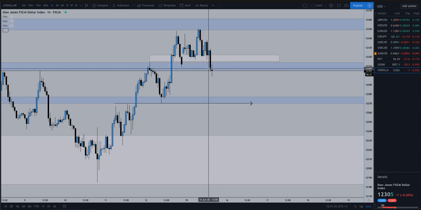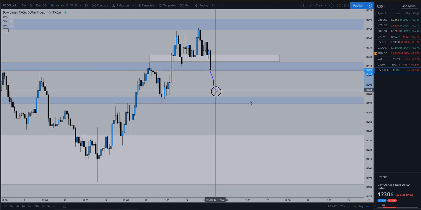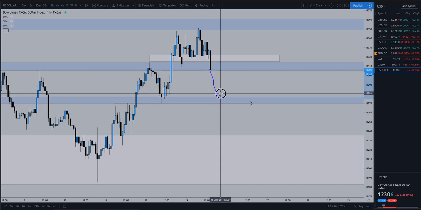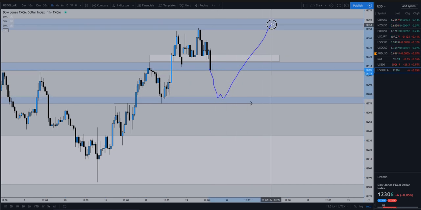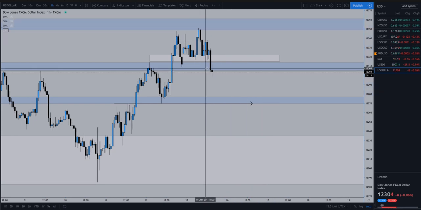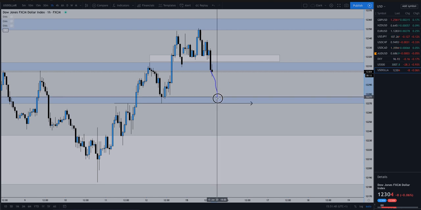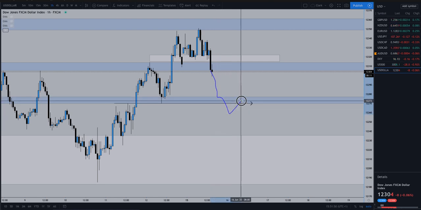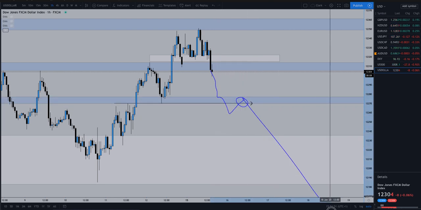To go long, just to draw it again, I know this is confusing. Here, reject, up. That's going to be our long move. Our short move will be here. Wiggle, wiggle, break, retest, enter, bam.